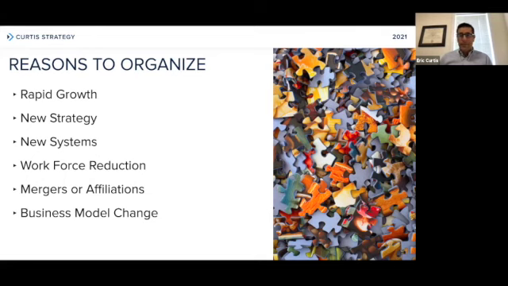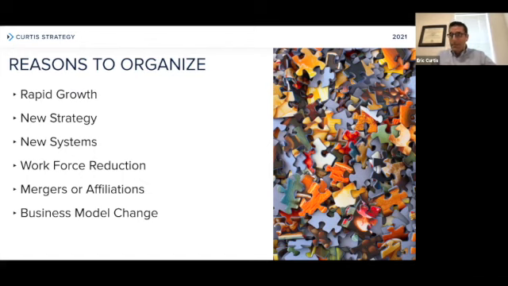Or you're bringing on a new electronic health record system or enterprise platform that would require certain shifts or changes in role function. Or right out of COVID, you get a workforce reduction, and then you need to staff back up. And do you staff back up in the same way, or do you look to do something different?